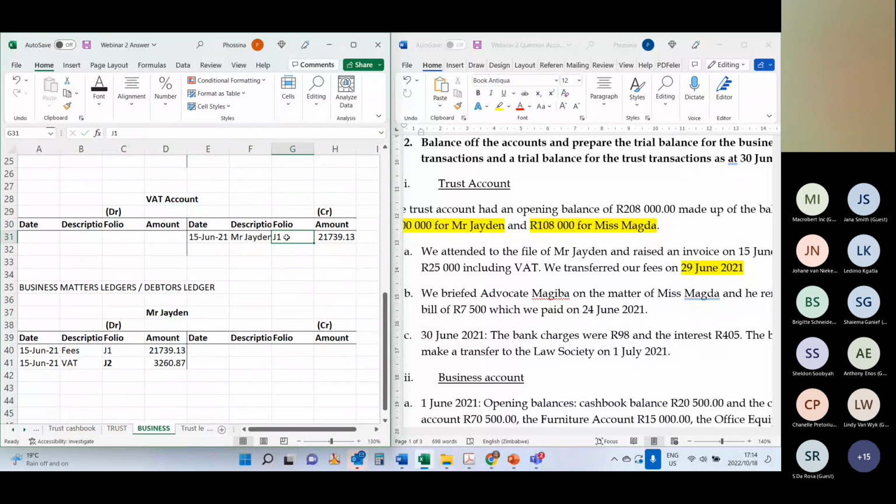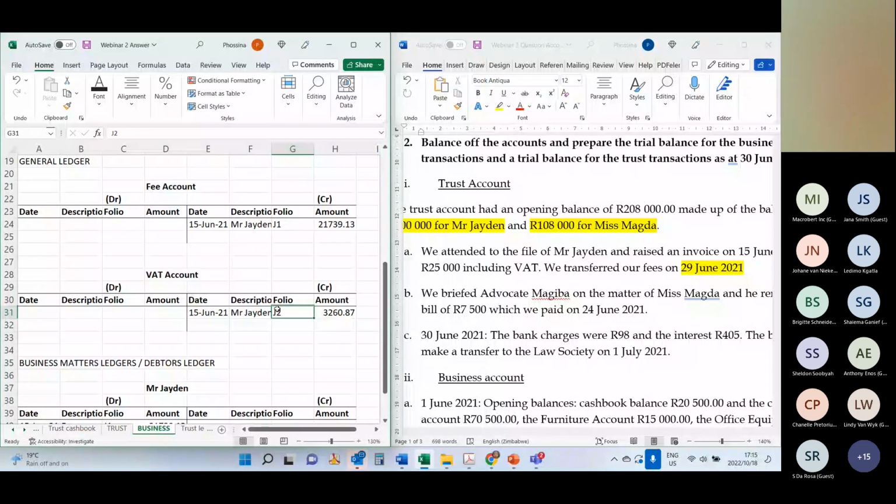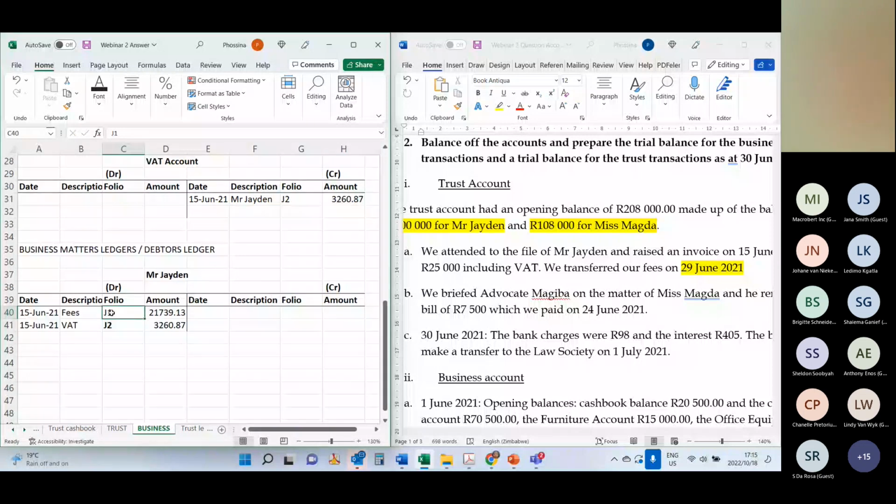And recording our J2, how much is J2? 3260.87. So as we can follow through, J1 is there, J2 is there, and to complete them you find them here, to make up the 25,000. Hopefully you can understand this.